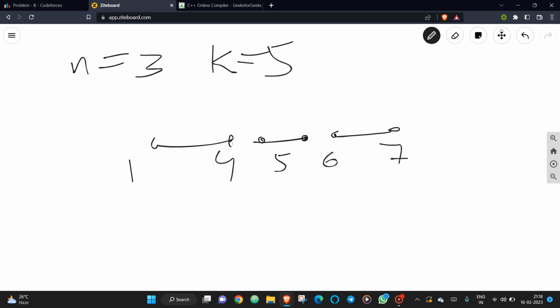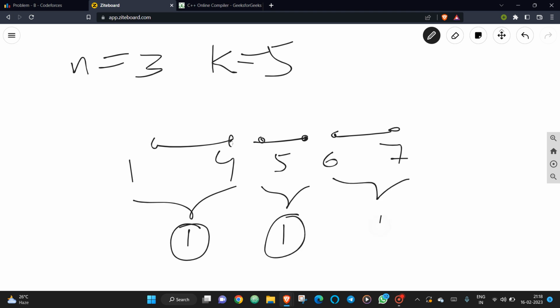You can check here that numbers 1 to 4 are visited once, 5 to 5 is visited once, and 6 to 7, both these numbers are also visited once. So what we need to do is make our k visited as many times as we can.